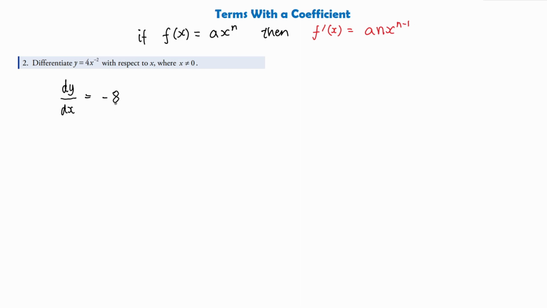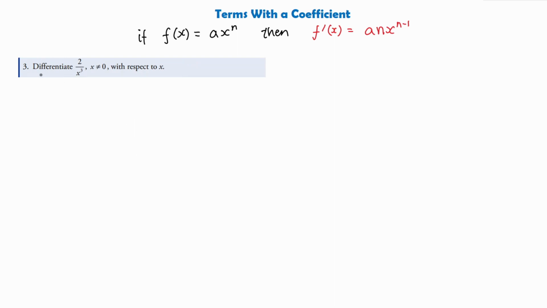Now, if you find this step a little bit tricky, it's completely fine to write minus 2 times 4, but I'm just going to do this all in one step by bringing the power down to the front, multiplying it by the a to get minus 8, multiply by x, and then take away 1 from the power. It's going to be minus 2 minus 1, which is minus 3. And again, we've got a negative power here, so we'll just rewrite this as minus 8 over x cubed.